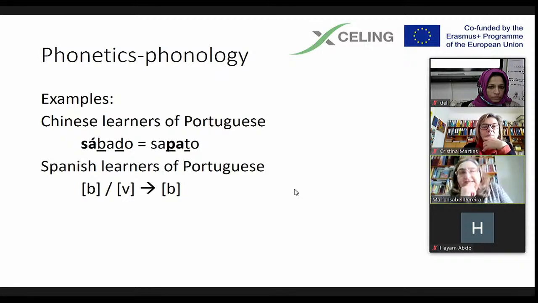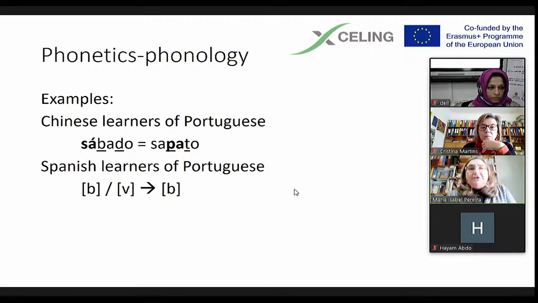But in Chinese, there is no phonological difference between the voiced and unvoiced plosives, like b, p.